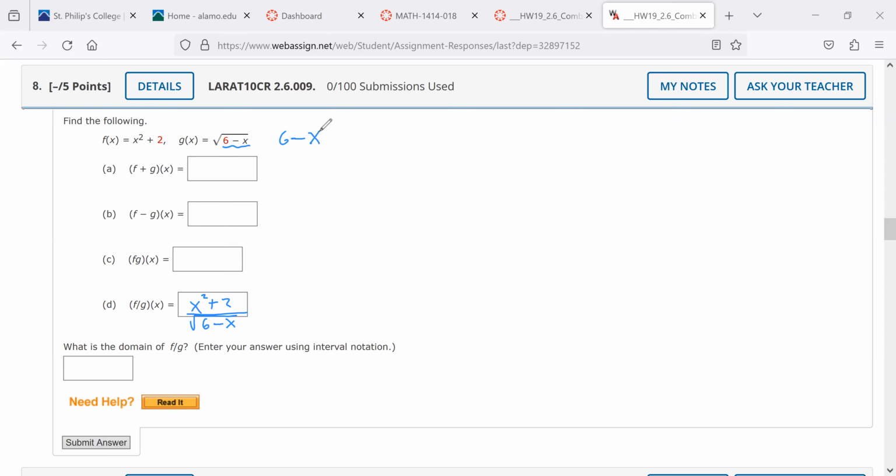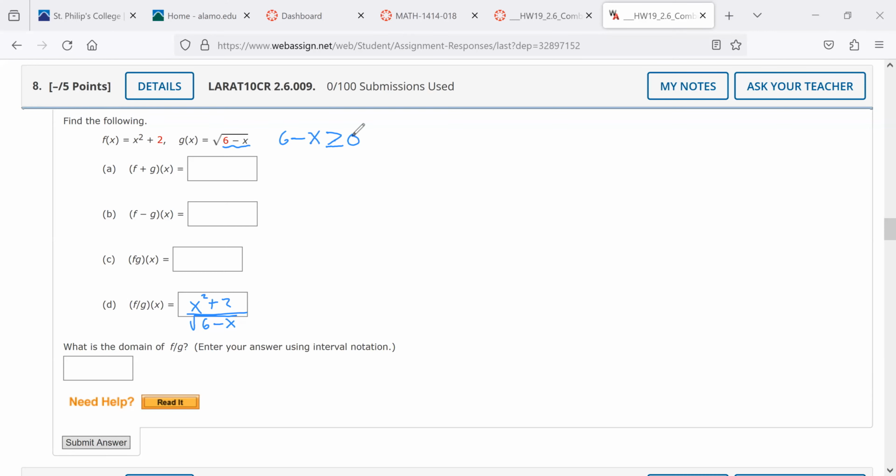So you just say, you know what, I want this to be greater than or equal to 0. Solve for x, and you will know what the domain is, because that satisfies the restriction for square roots, or actually any even root, square, fourth, sixth, eighth root.